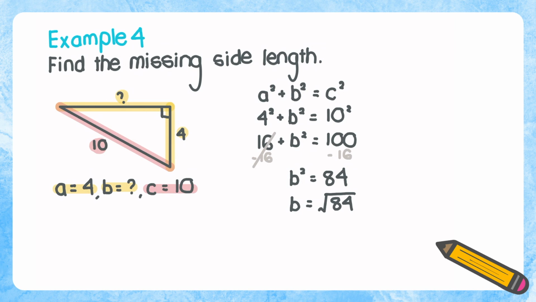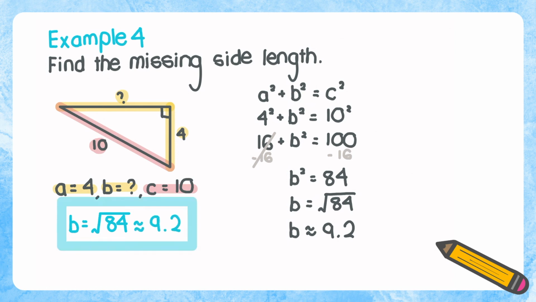This is not a perfect square, so let's find an approximate answer. Using my calculator, and then I rounded, I got b is around 9.2. Our missing leg length, b, equals the square root of 84, that's our exact answer, or approximately 9.2.